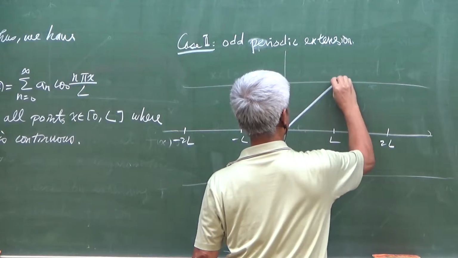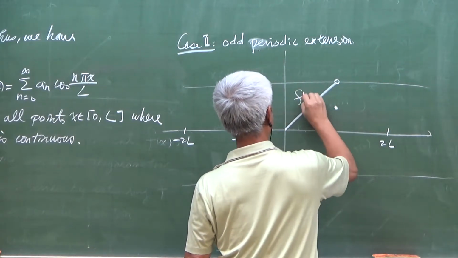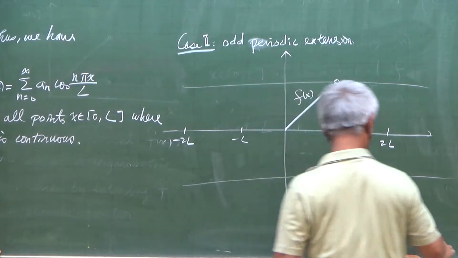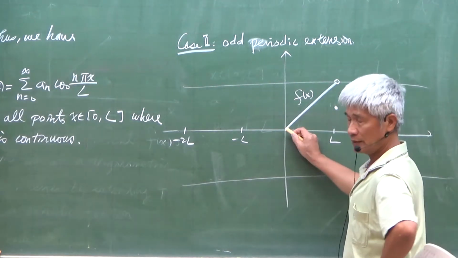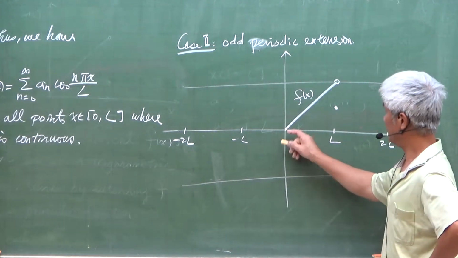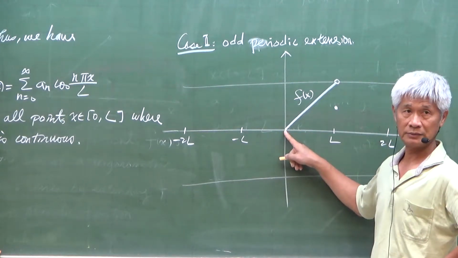So we have that. So this is our f of x. And now we would like to construct an arbitrary function. So for an arbitrary function, we have to find the symmetry of this branch through the origin.